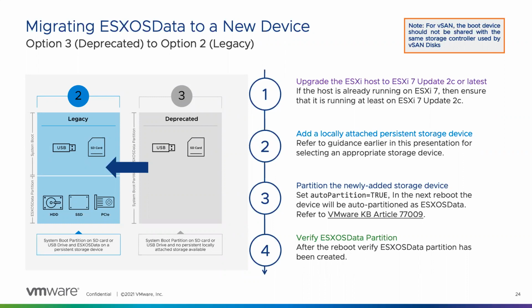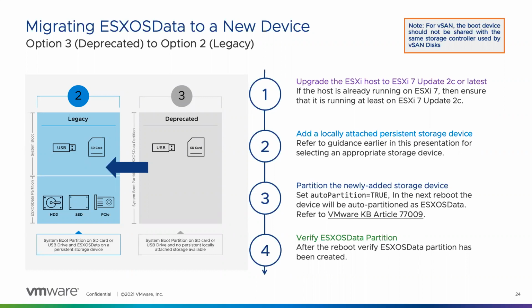It will auto partition that particular disk to be used as the ESXOS data partition. Now the question is, I have a vSAN environment where I have an unused vSAN disk that I want to contribute into the vSAN cluster, and then I want to use an additional HDD for the ESXOS data partition. How will that work? The KB article 77009 explains all of these options in detail, where you have the option to skip the SSD device to be used as the ESXOS data partition.